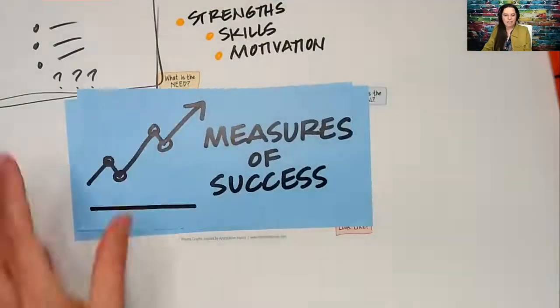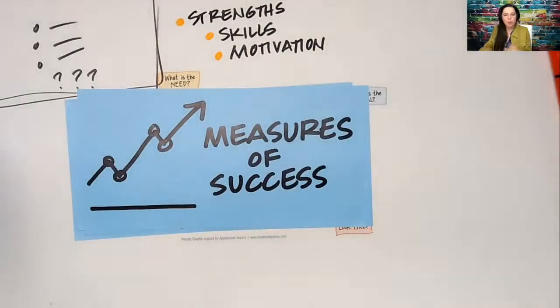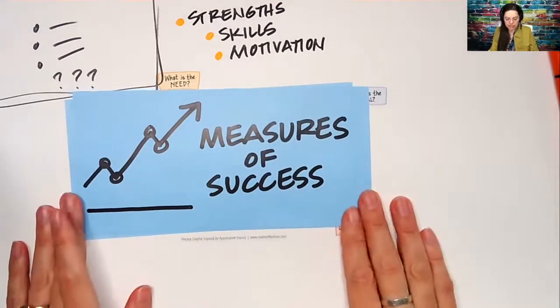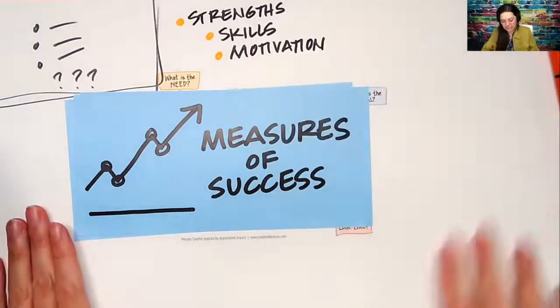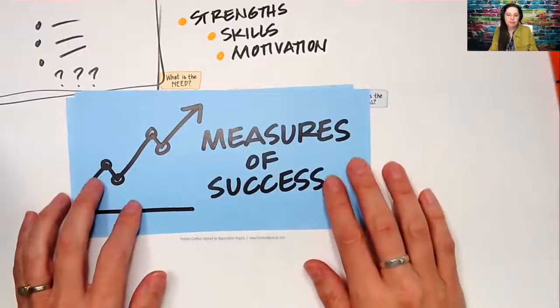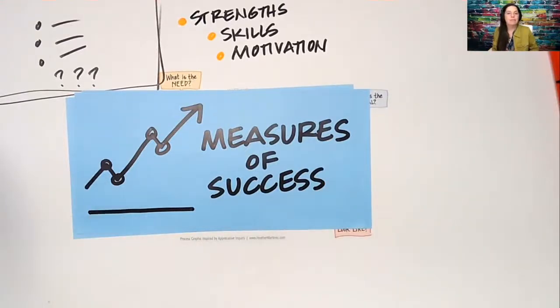But I also like to create a little bit of data if I can. What are the measures of that success? Can you actually measure it? And I'm going to share closer to the end of the session today about how we introduce this information that we're using in this chart. But having those measures of success, finding out from them why they were successful, is such great and important information.